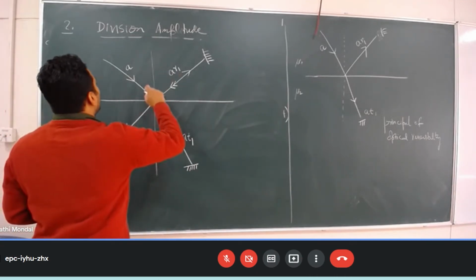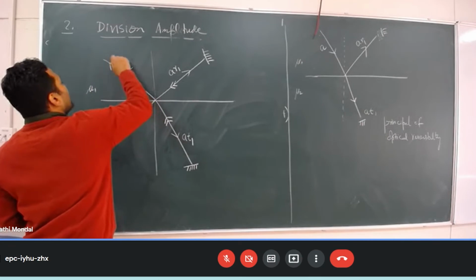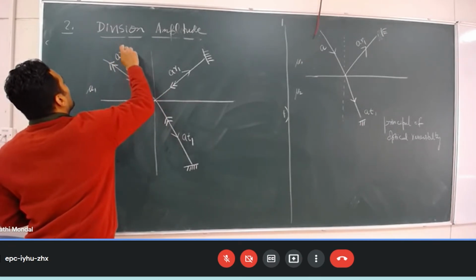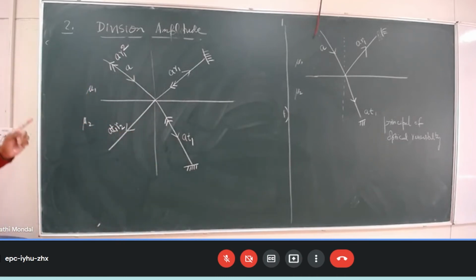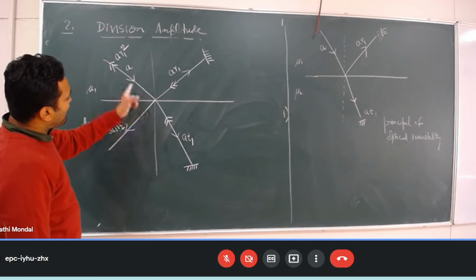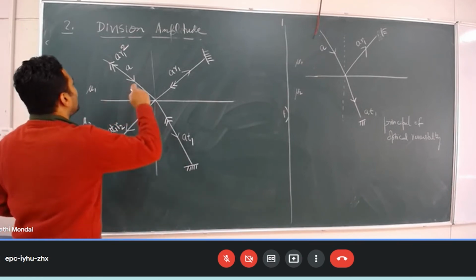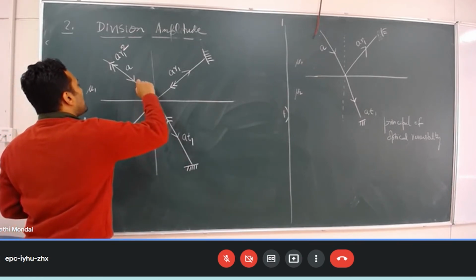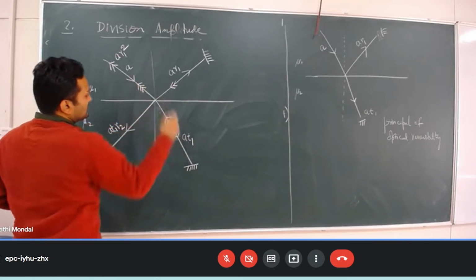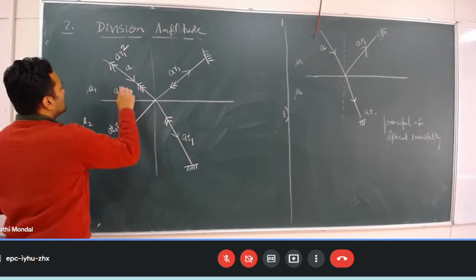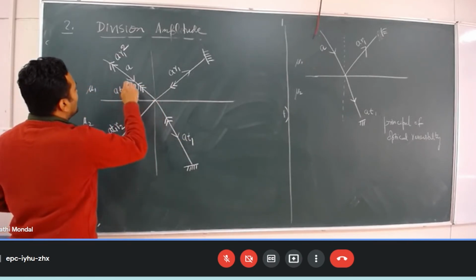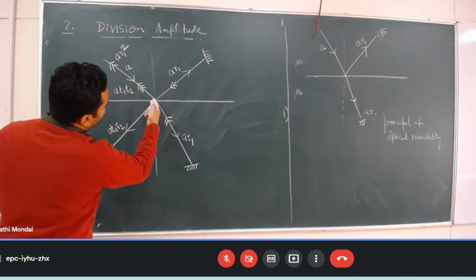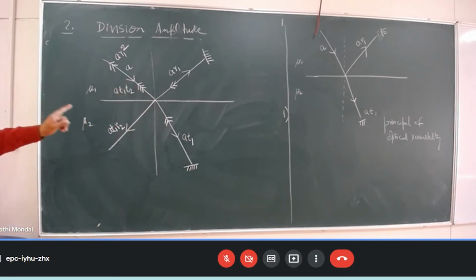If I do so, then what will happen? It will suffer again one reflection. So AR1 was already there, and again one more time comes, R1 square. Okay? Now this line will also follow the same path, so it will transmit. Let's say this is the third one, which is AT1, and again it will have T2 because it has another transmittance from 2 to 1.